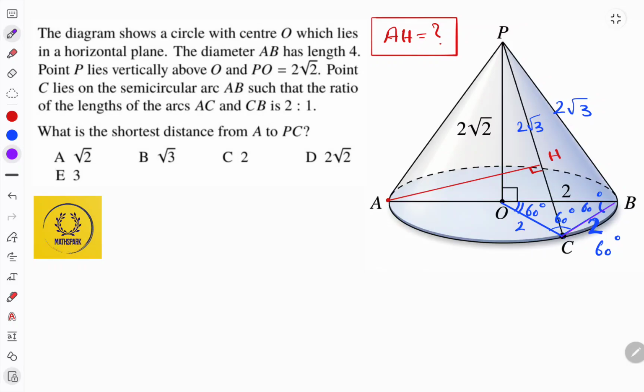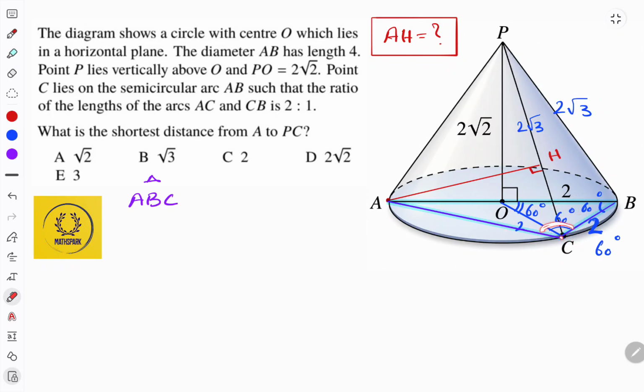Okay, and now I'm going to join A to C here. And you can see we have another triangle, ABC. Let me show you. In this triangle ACB, we have angle C, or ACB.